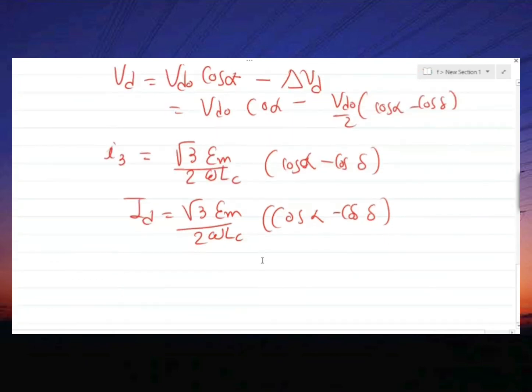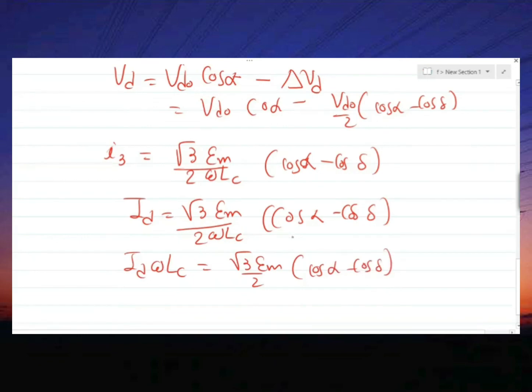So if we multiply omega Lc with Id, you will get Id into omega Lc is equal to root 3 Em by 2 (cos alpha minus cos delta).